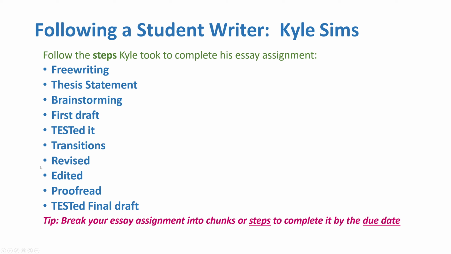Oftentimes, it's best to revise on its own and then come back and edit, proofread that, or do it multiple times. Sometimes you just miss things. But ultimately, it's not as harrowing as all of these steps, but making it a checklist makes sure that you don't overlook anything and that you follow a good strategy rather than just sitting there and writing.